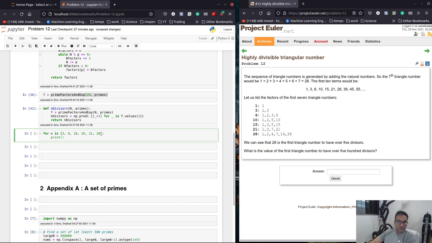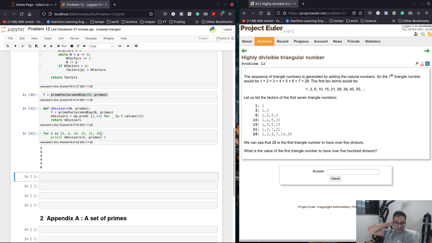Print n and divisors n and primes. 2, that's 2, that's 4, 4, 4, 4, and 6. Yep. All right.